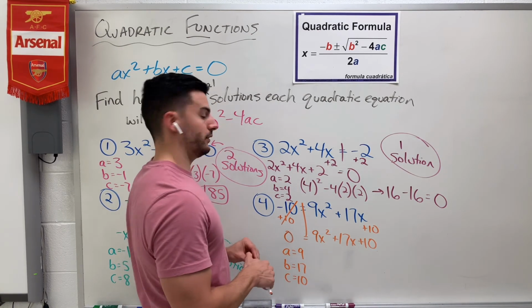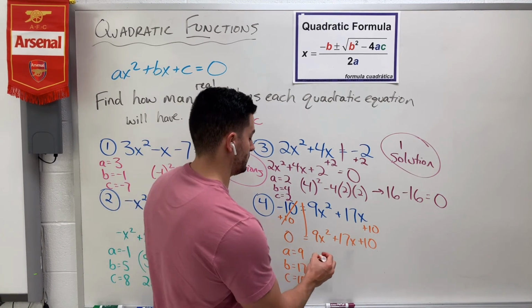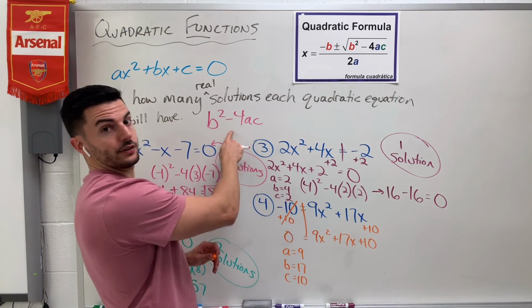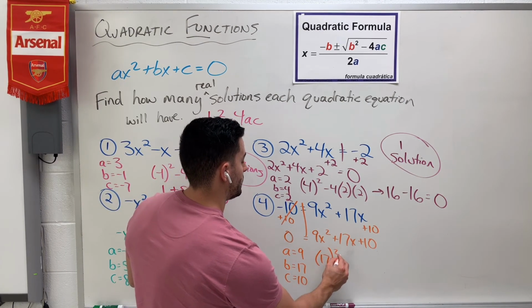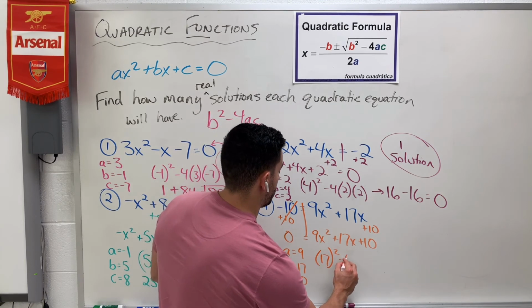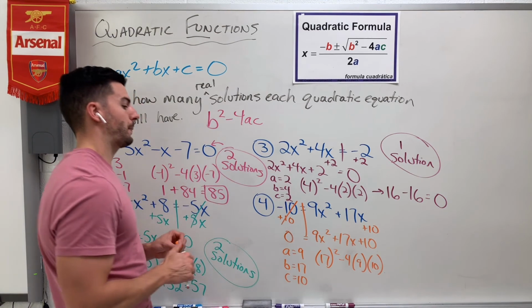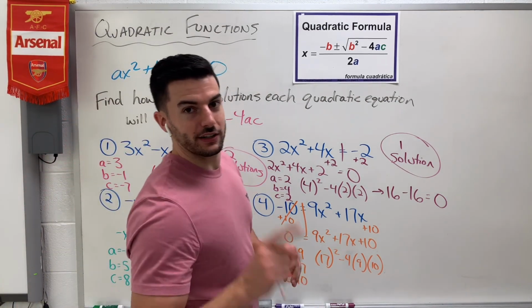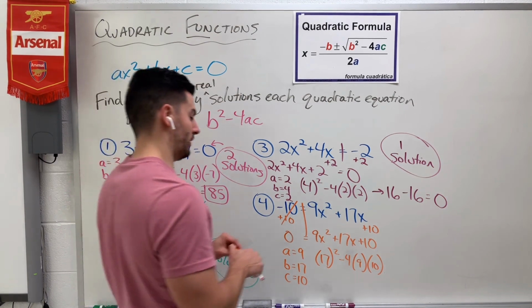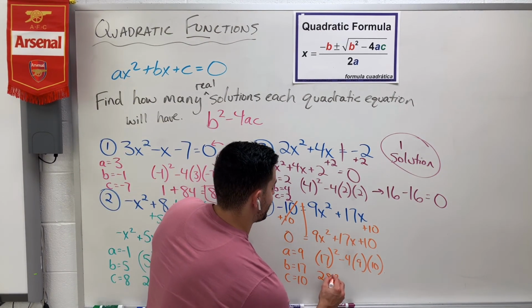Okay, all positive. And so from here, I'm going to, again, plug into my discriminant, okay? So that would be 17 squared minus 4 times 9 times 10, okay? And then you evaluate, right? So 17 squared, wonder how many people know that off the top of their head. 17 squared, it is 289.